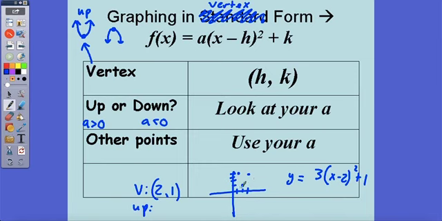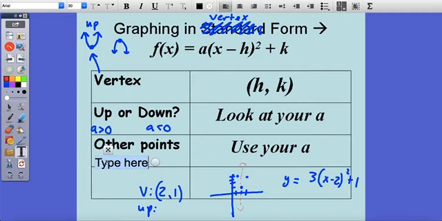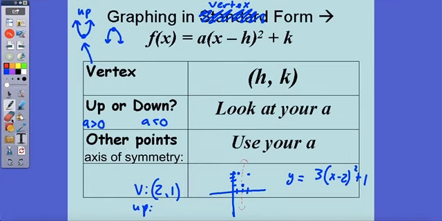You also have what's called an axis of symmetry. It passes through the x-coordinate of the vertex. The axis of symmetry is x equals h.